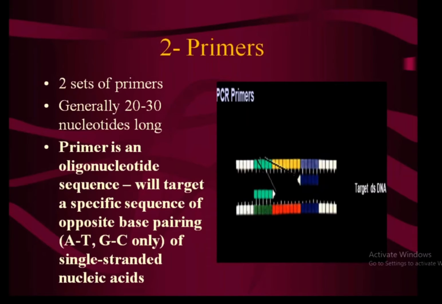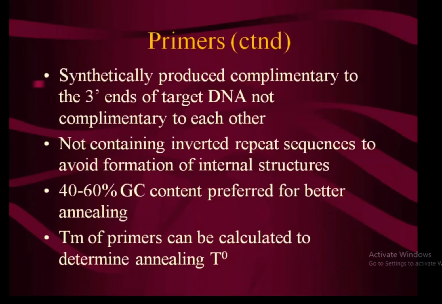The primer is an oligonucleotide sequence that targets a specific sequence by opposite base pairing. A will bind to T and G will bind to C of single-stranded nucleic acids. Primers are synthetically produced, complementary to the 3' ends of the DNA, and not complementary to each other.